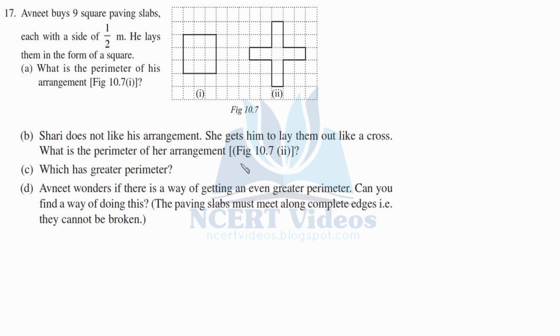What is the perimeter of her arrangement? C. Which has greater perimeter? We'll have to compare that. D. Avneet wonders if there is a way of getting an even greater perimeter. Can you find a way of doing this? And remember that the paving slabs must meet along complete edges. That is, they cannot be broken. So this is the rule we have to keep in mind.